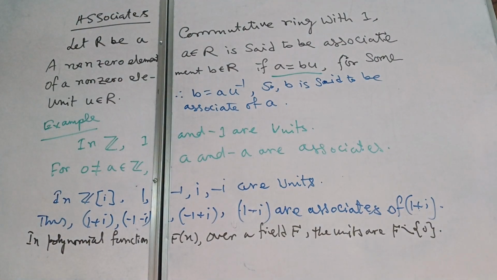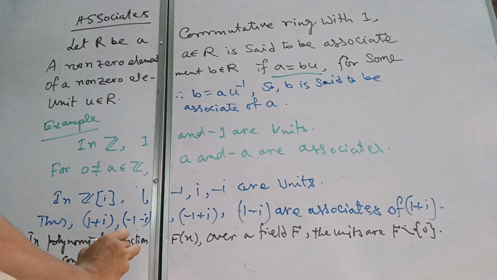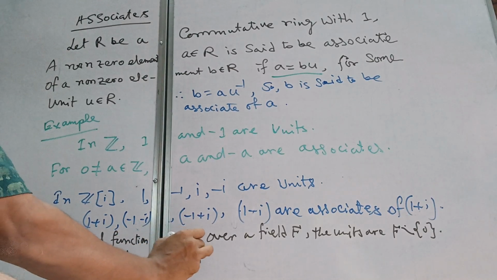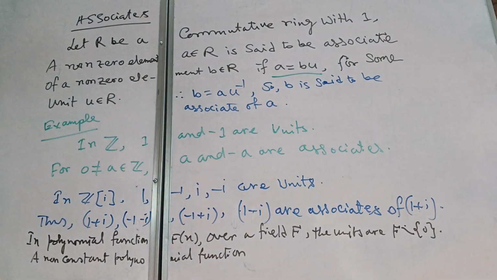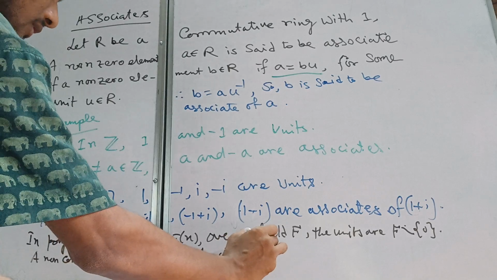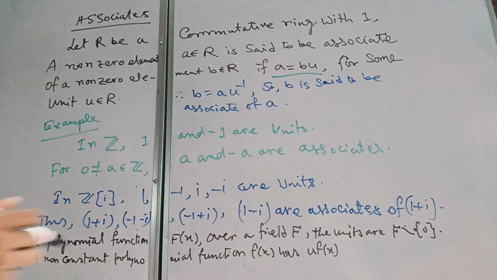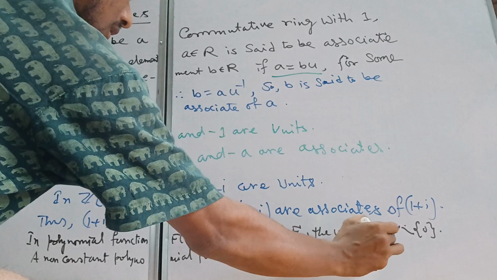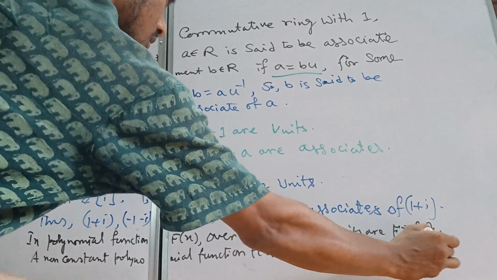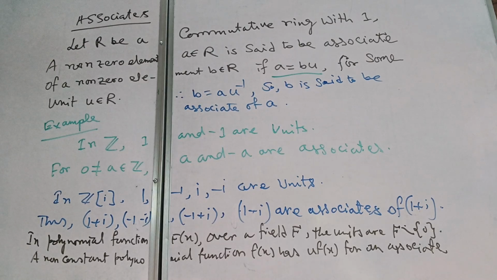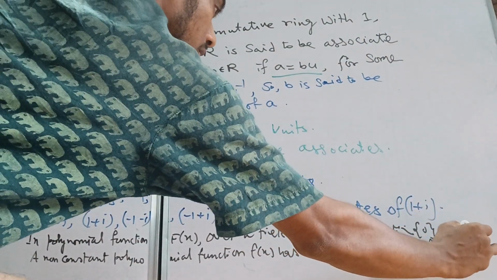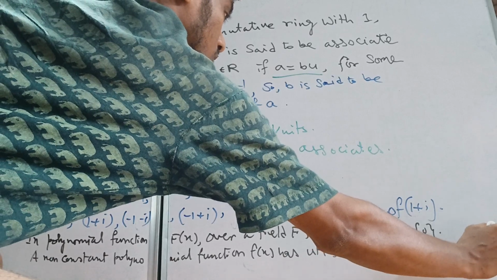Then a non-constant polynomial function f(x) has u f(x) as an associate, where u is a unit in F, that is u belongs to F minus the singleton 0.